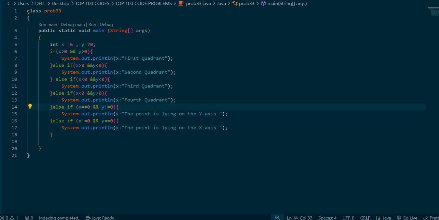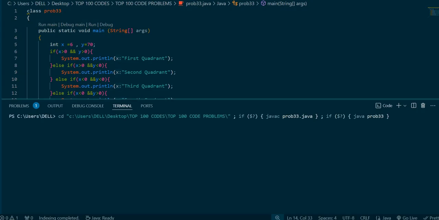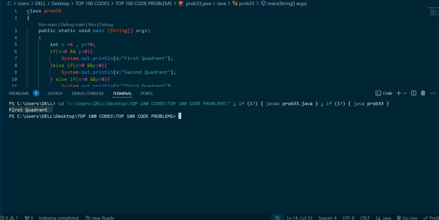Let's run this program and check if our code is correct or not. We got the answer first quadrant. Of course, we had taken two values x and y, initialized to 6 and 70. Both values are positive, so our coordinate lies in the first quadrant.